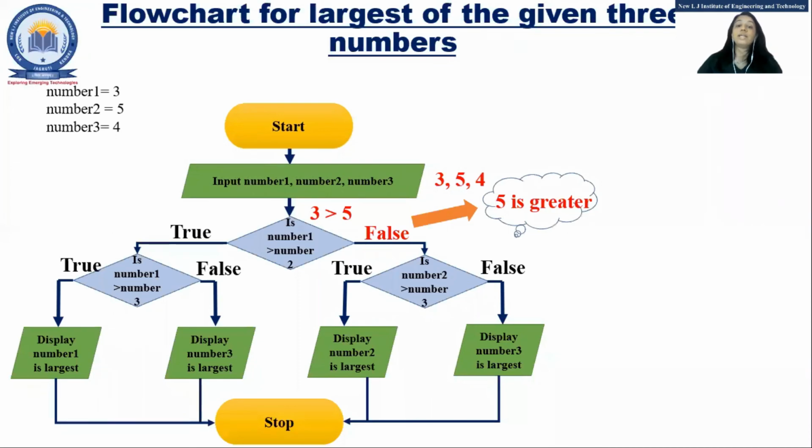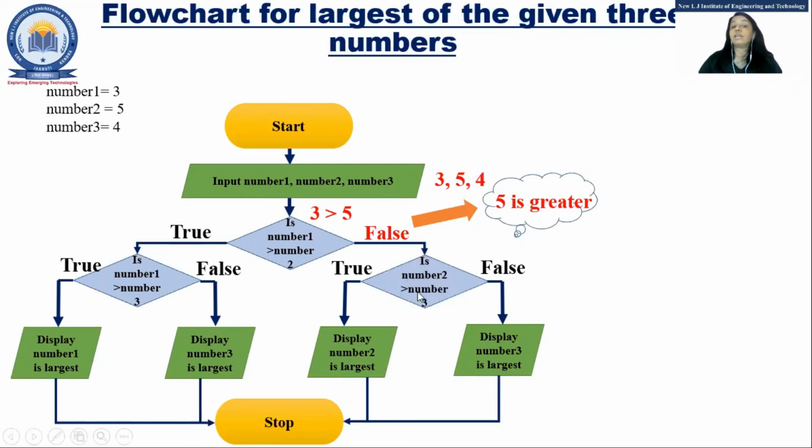What is the indirect meaning of this? 3 is not greater than 4. That means 4 is greater than 3. So another condition is required to check: is 5 greater than 4 or not? Same way you need to check another condition. If it is false, you have to check another condition, that is, is number 2 greater than number 3?